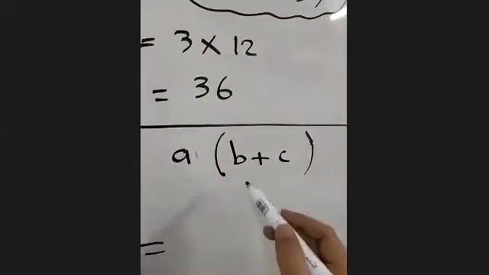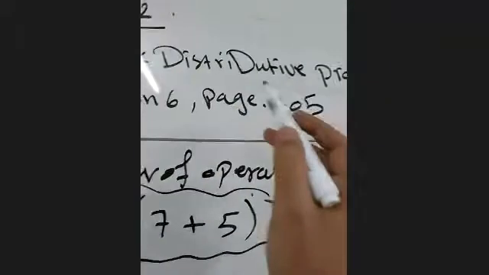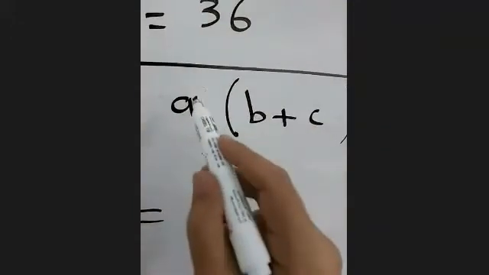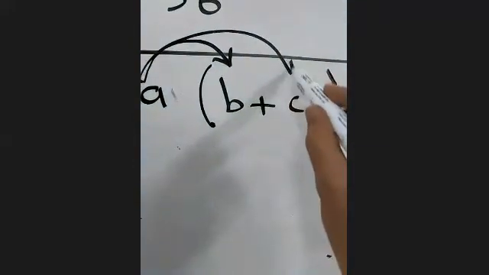Now, how do we deal with this, guys? We distribute, from the word distributive. We distribute the outside number by multiplication with the inside terms.